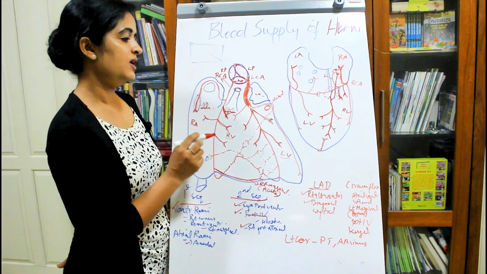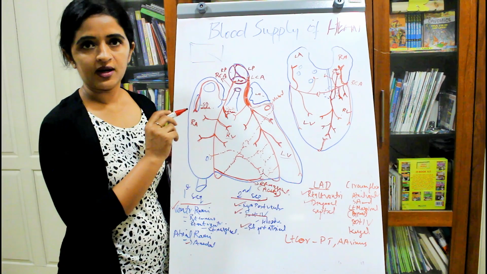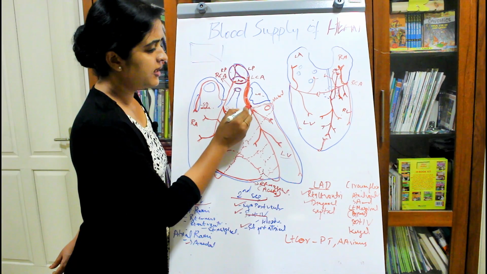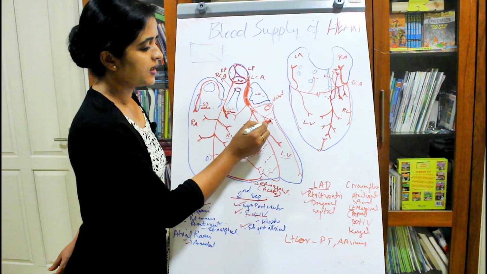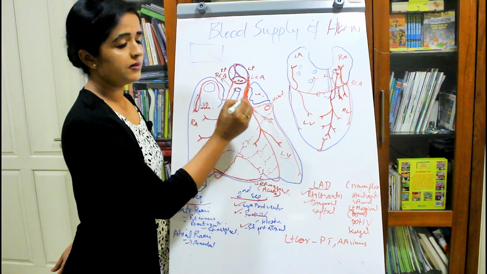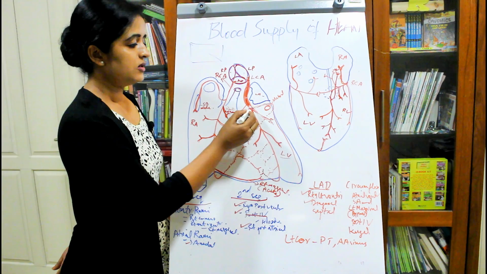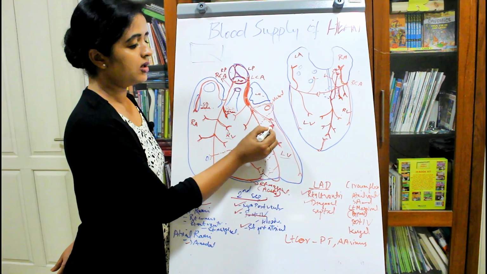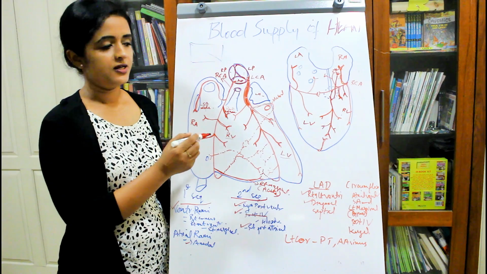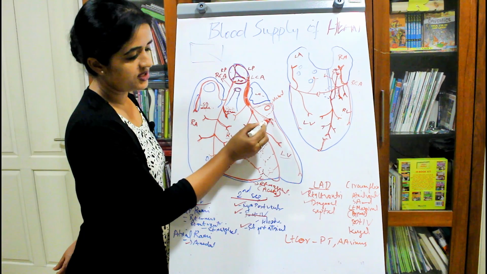Diagonal artery means one of the ventricular rami takes its origin midway between the circumflex and the left anterior descending. This longer branch is known as the diagonal artery because it arises like a diagonal.